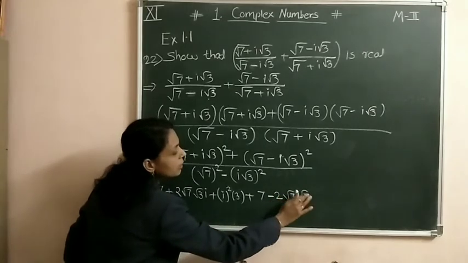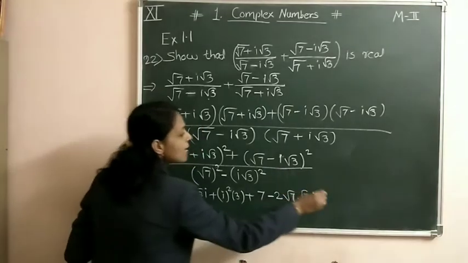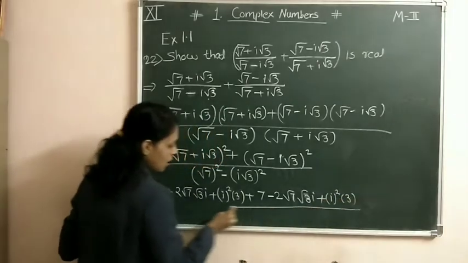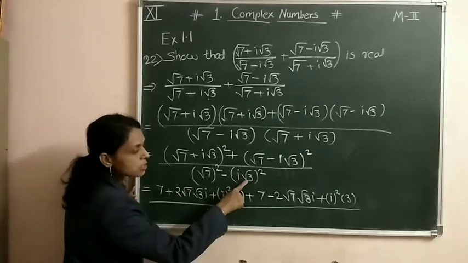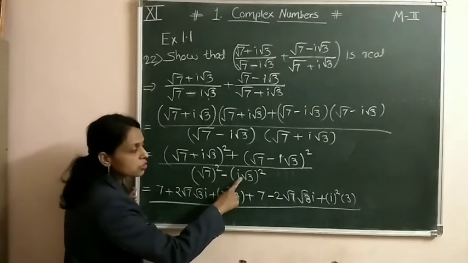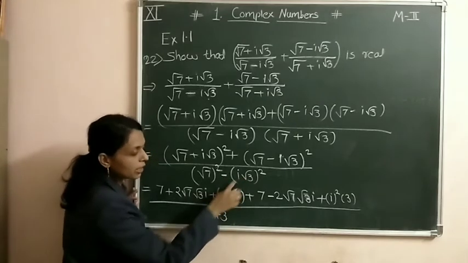First 7 we got, in multiplication changing the order is allowed, plus i square into 3. Square of 7 is 7, square of root 3 is 3, and i square, that is negative 1. So 3 into negative 1 becomes negative, negative, positive.